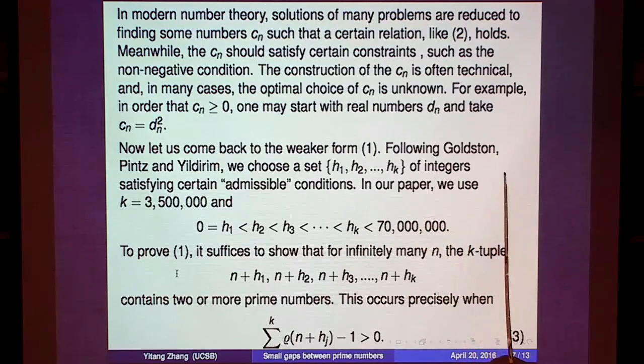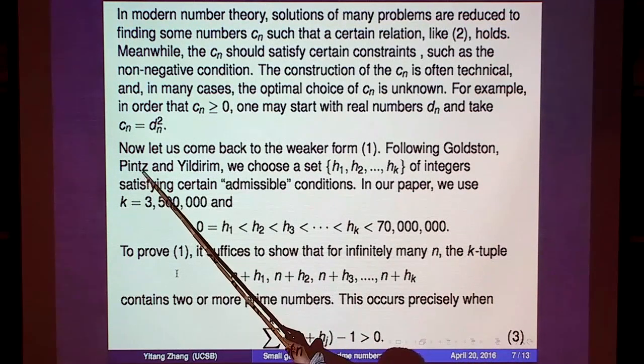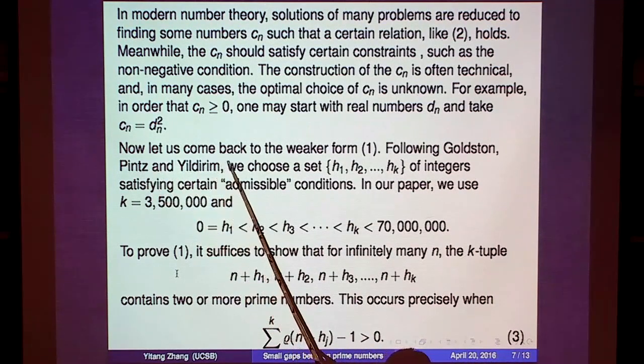Before my work, three mathematicians, one in the United States, in California, at San Jose State University, one in Hungary and one in Turkey, had spent maybe 20 years toward the twin prime problem, and they got an idea.